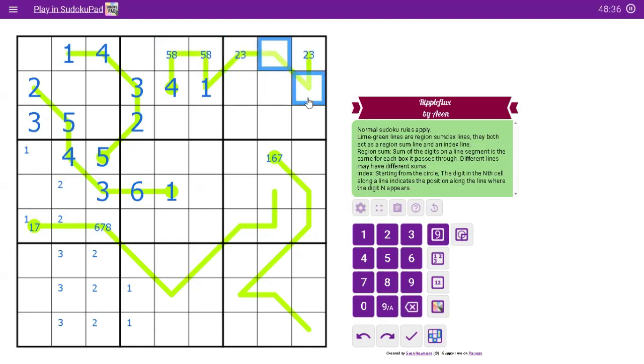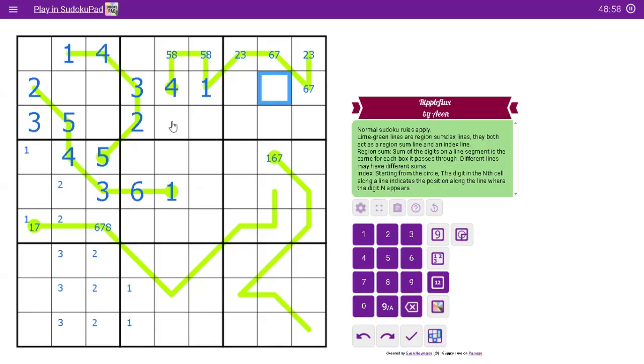So this sums to 13. So it is 6 and 7. Now, if that's a 7, it's indexing itself. That's a 7, it's saying write 6 here, so they'd be indexing each other.